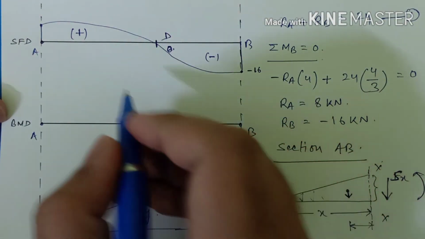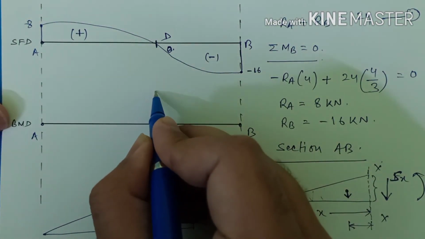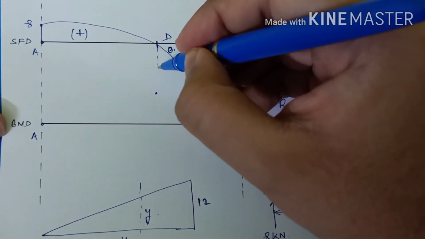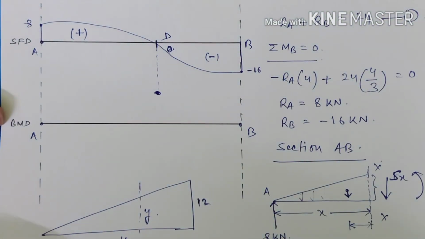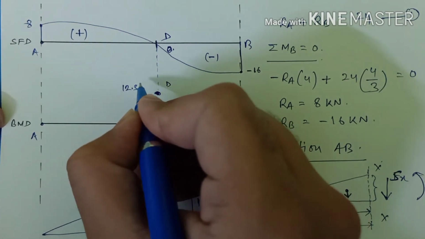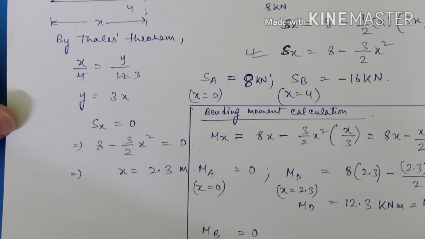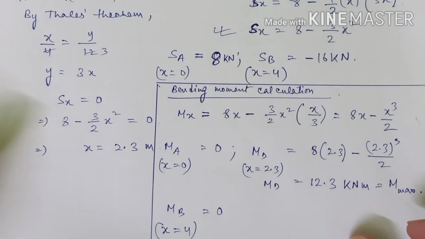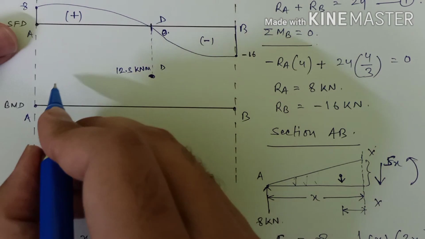Let us suppose it is somewhere here. It's not accurate, but let us suppose it's somewhere here. This is my D, and this is 12.3 kilonewton meters. Now the question is, how do we join this? For that you have to check the degree, that is 3, it's a cubic polynomial, so we will join it using a parabolic curve.